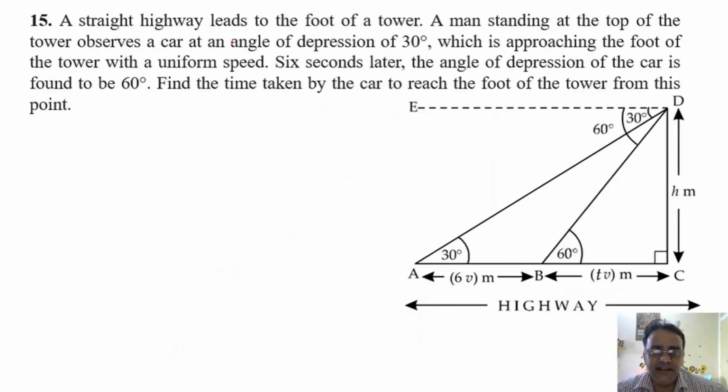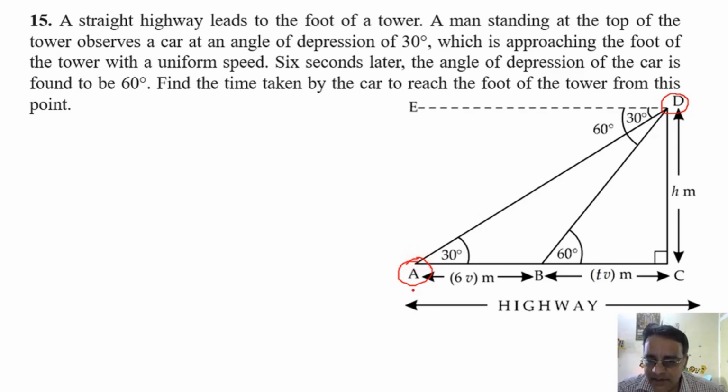A straight highway leads to the foot of a tower. Okay, this is the tower and this is the highway. This is a very important question for the standard. A man standing at the top of the tower, यहाँ पर है देखो, observes a car A, for which the angle of depression is 30 degrees.